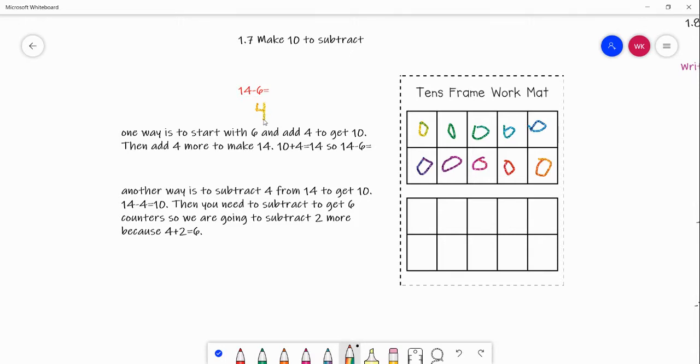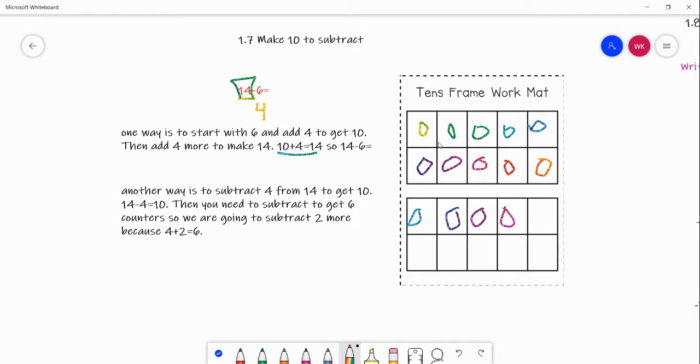We added 4 more. Now we need to add 4 more because we need to get to this number, 14. We're at 10 right now, and 10 plus 4 equals 14. So let's go ahead and do 1, 2, 3, 4.